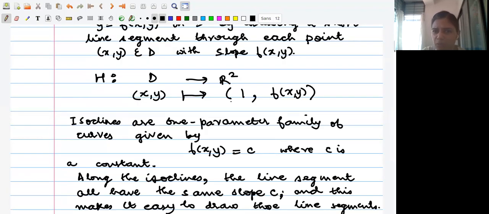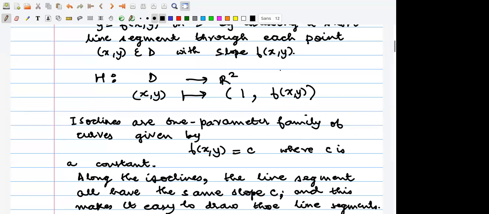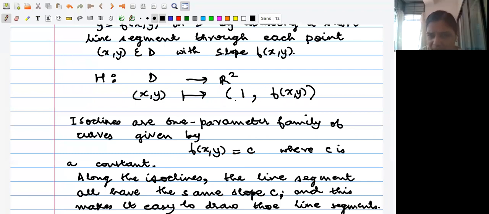Putting 1 here does not mean the magnitude is 1. The magnitude of this vector is the square root of 1 plus f x square, so that need not be 1. Putting this 1 here is just a way of analytically writing this tuple in R2, which gives you a direction.